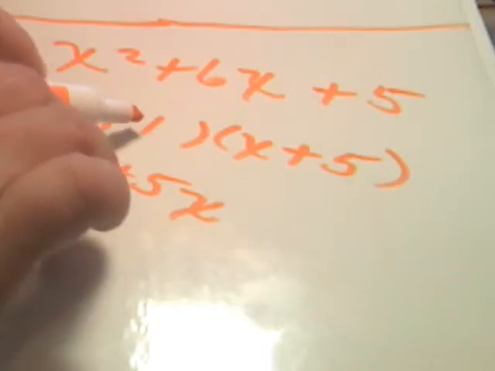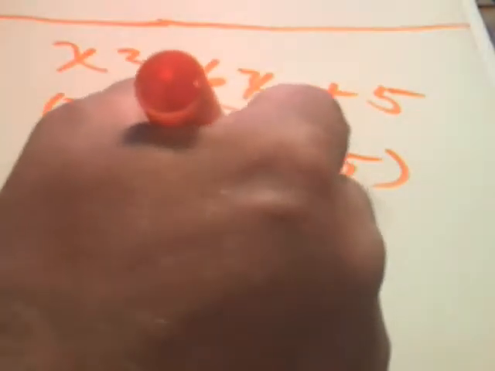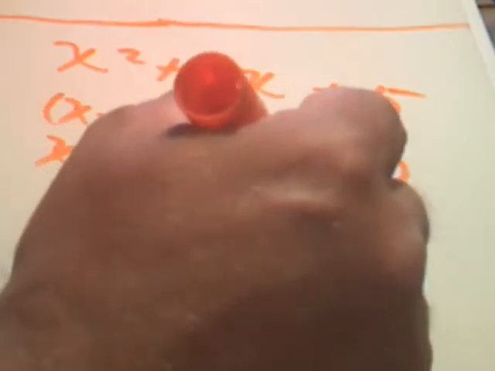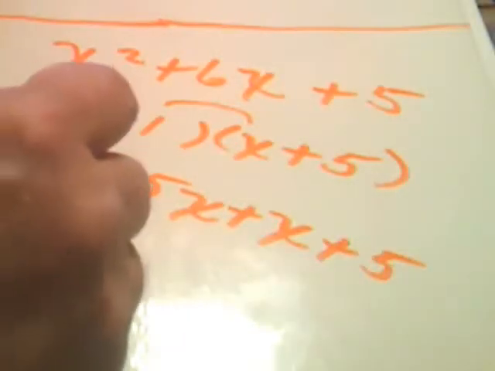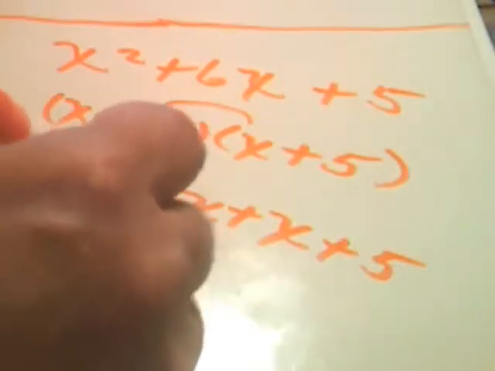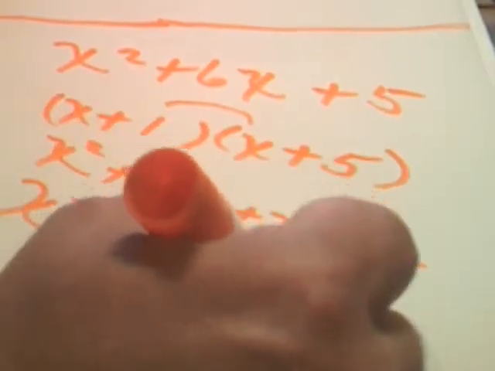The inner terms, which is this one and this one, which is going to be plus x. And then last, which is the two last terms, which is 1 times 5, and it's simply going to be 5. Combining like terms, we have x squared plus 6x plus 5.